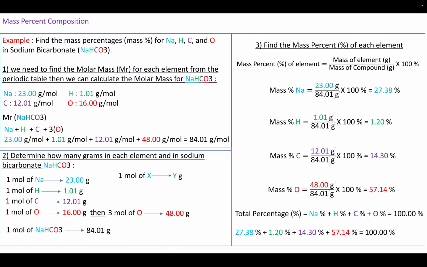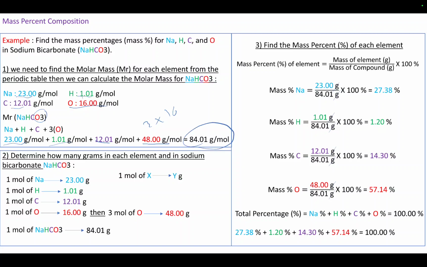So here we have 4 molar masses for 4 elements: for sodium 23, for hydrogen 1, carbon 12, and for oxygen 16. Then we can find the molar mass for sodium bicarbonate. We covered before how to find molar mass of a compound. So here we have 23 gram per mole, 1, 12 for carbon, and 48 for oxygen atoms, because we have 3 oxygen atoms, 3 multiplied by 16.